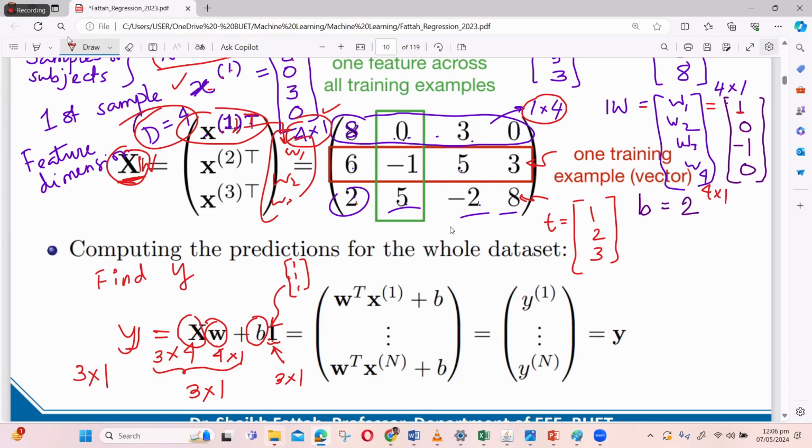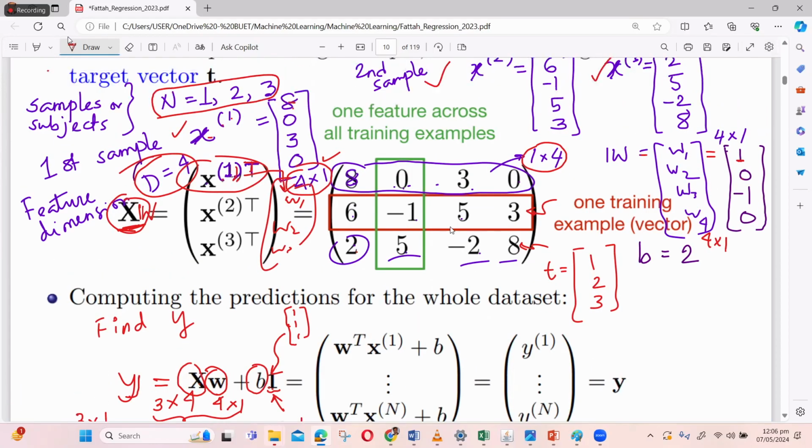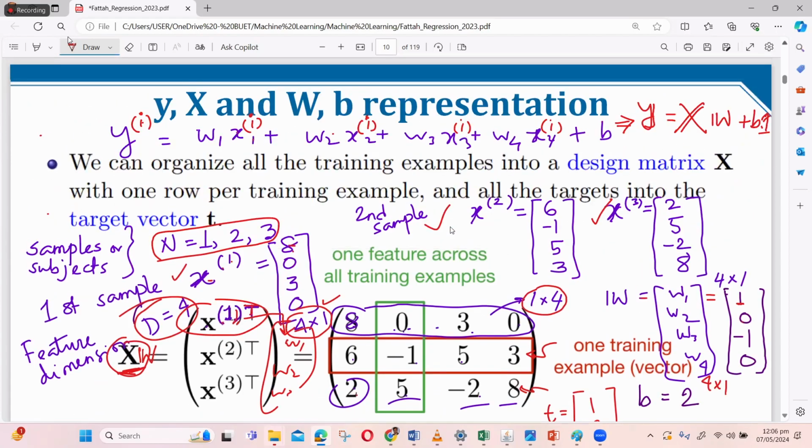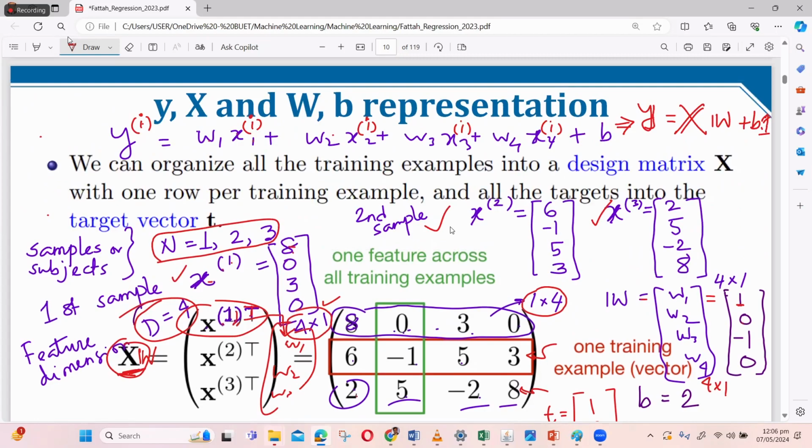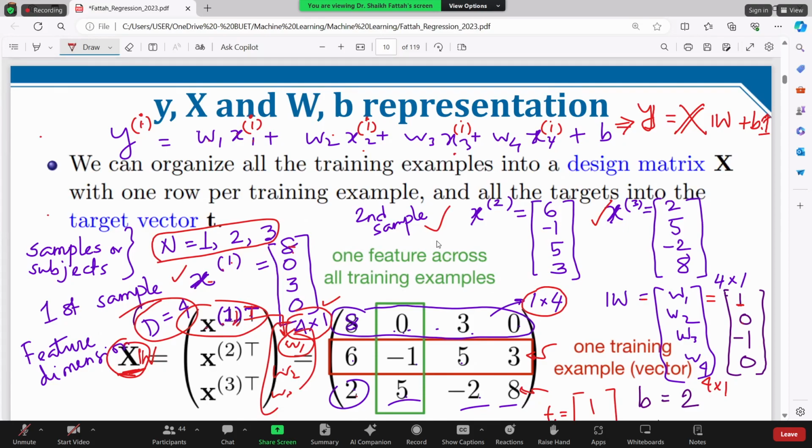It is basically these values X1, X2, X3. When you multiply, it will give you W1 X1, W2 times the second value, W3 X3, like this.